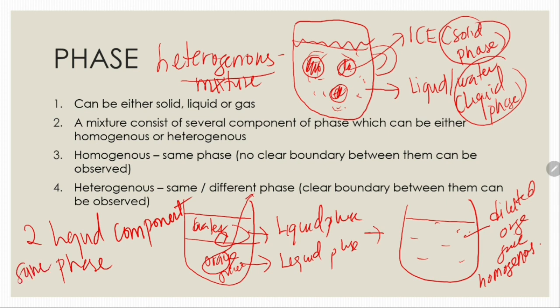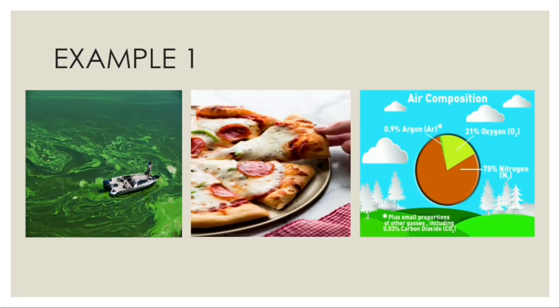Okay, so now do you have a clear understanding of heterogeneous and homogeneous mixtures? Let's try a simple exercise. The first picture is an ocean that has undergone an oil spillage over the entire ocean.